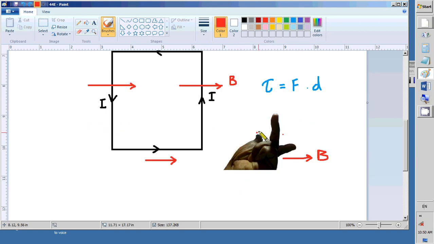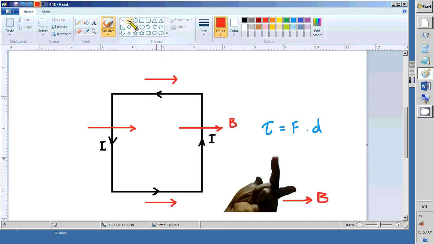So now we have to look at the thumb. The thumb is directed this way, that means towards the paper, towards this screen. So there will be a force towards the paper.